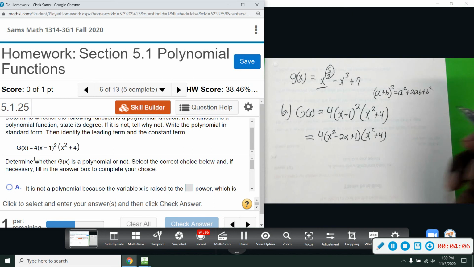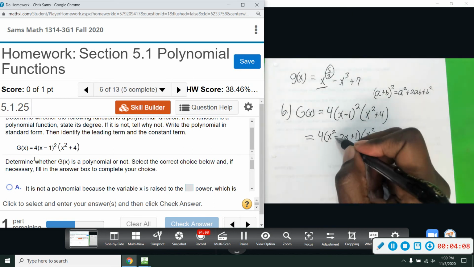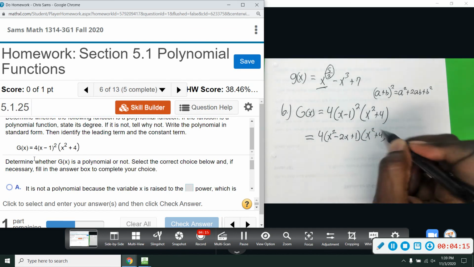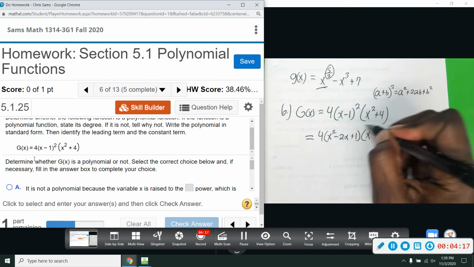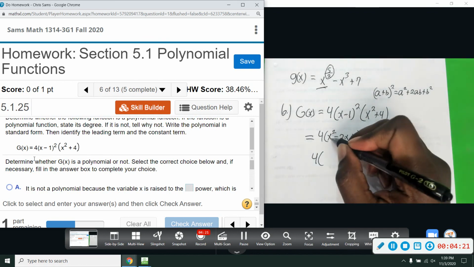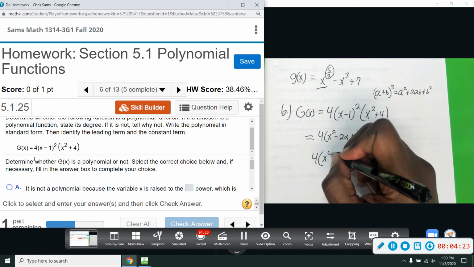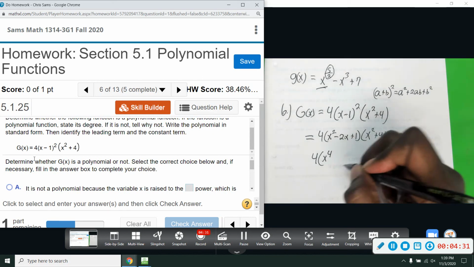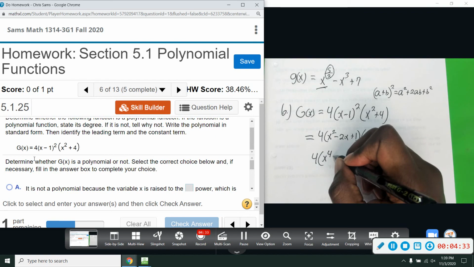So now I guess we can FOIL this with this one. So I'm going to do x squared times both, and then negative 2x, and then 1. So x squared and x squared, I'm going to leave this 4 out here, will give us x to the 4th. x squared and 4 will give us 4x squared.